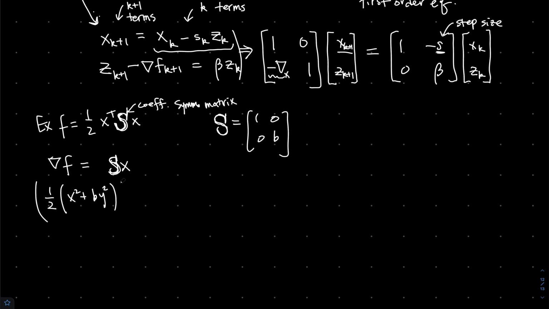And for this gradient, it was x and b y, right? And what is Sx? If we multiply S and x, then we get x and b y, right? Just like this, so we can write the gradient like this.